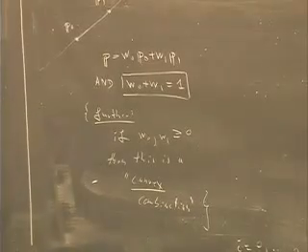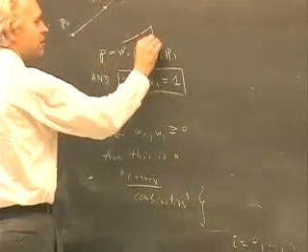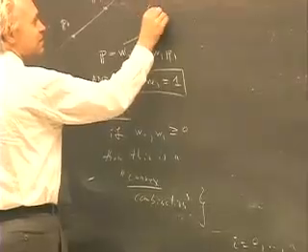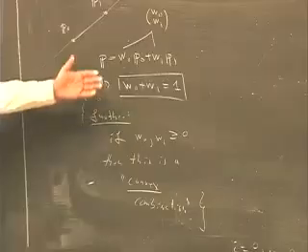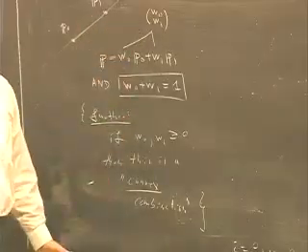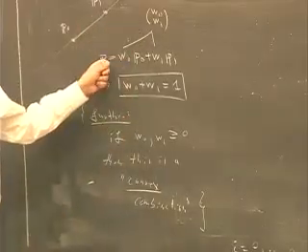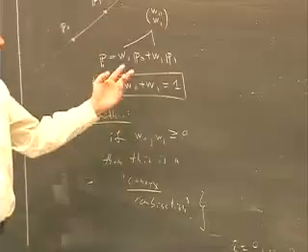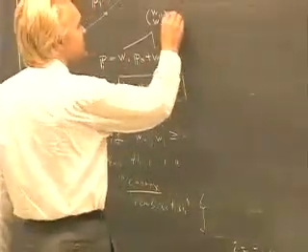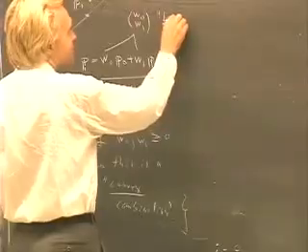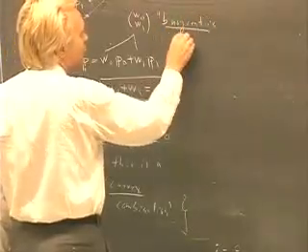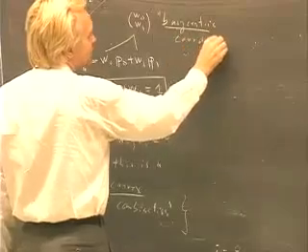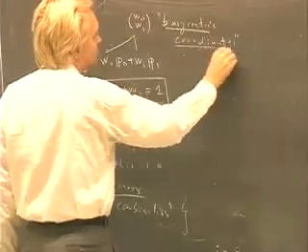And the other thing is this tuple, weight 0, weight 1, this vector is the barycentric coordinate vector, or just the barycentric coordinates of P. That's what these numbers are called.